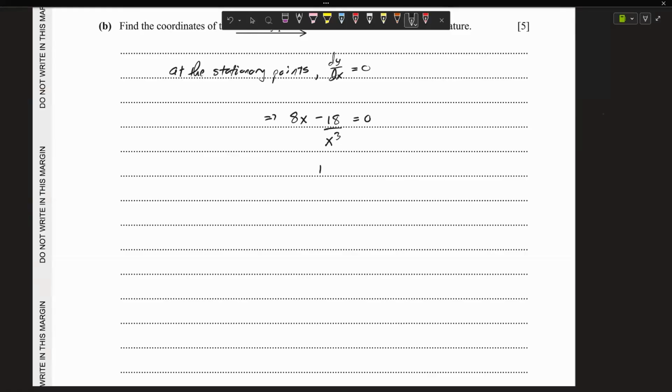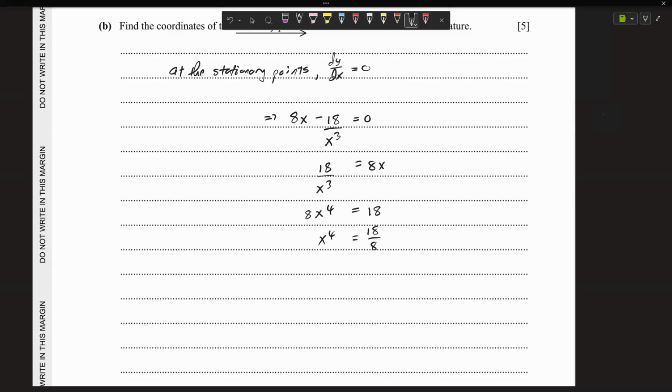So that is like 18 over x cubed is equal to 8x. This is more like 8x to the power 4 is equal to 18. If we multiply both sides by x cubed, it's like x power 4 is equal to 18 over 8.